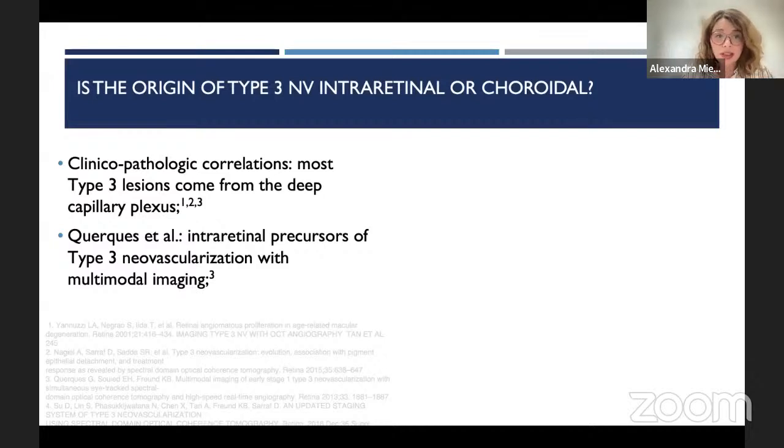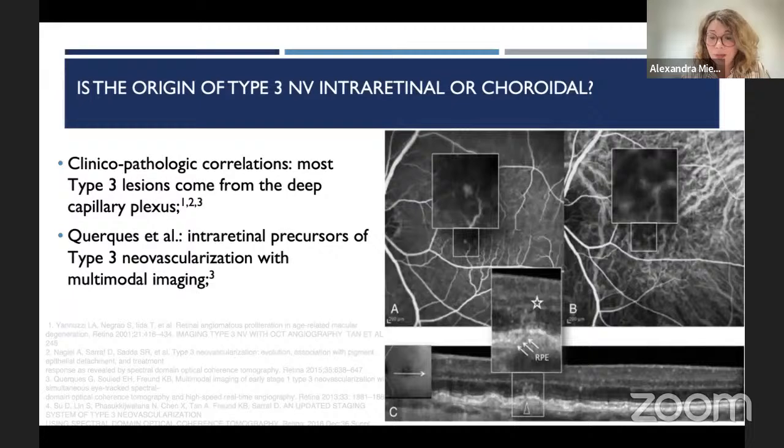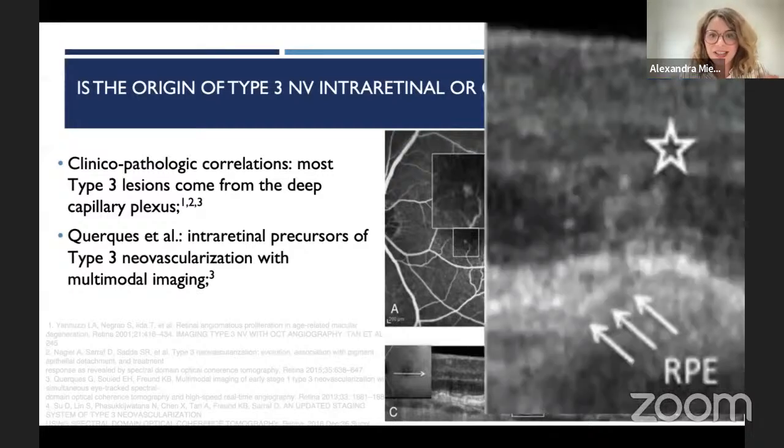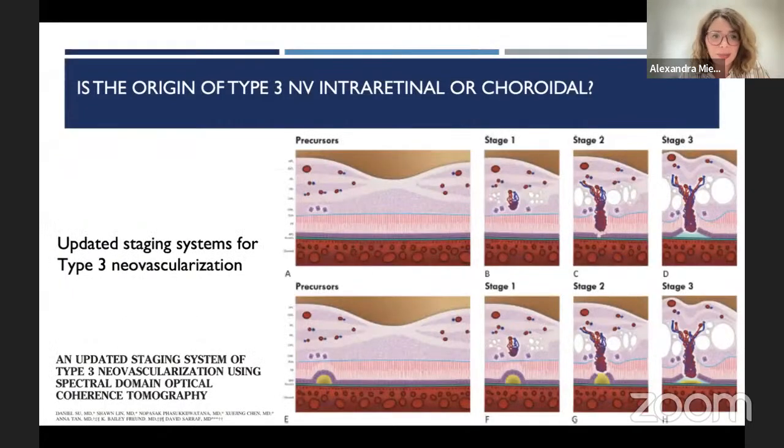Both clinical pathologic correlations and high-resolution multimodal imaging show that precursors of type 3 neovascularization are essentially intraretinal, in the deep vascular complex, or in the deep capillary plexus.